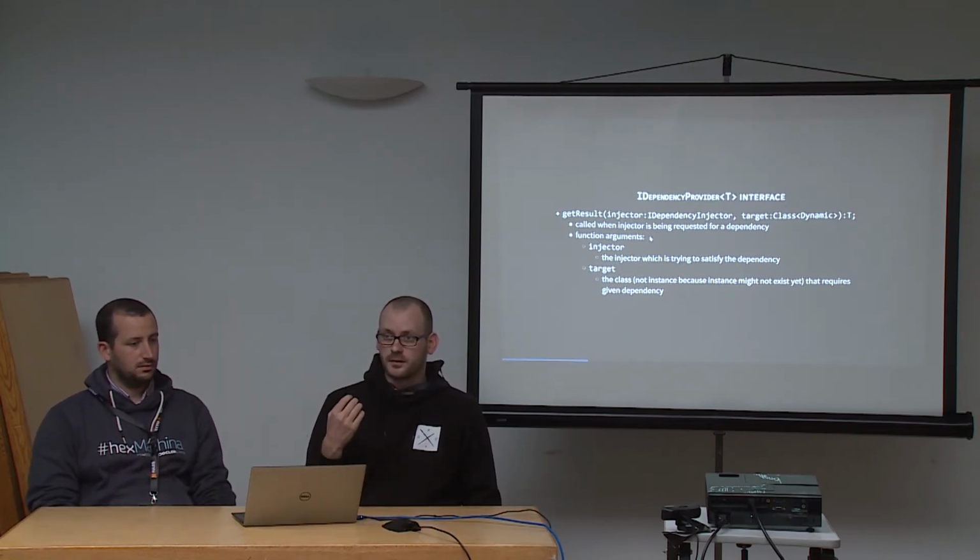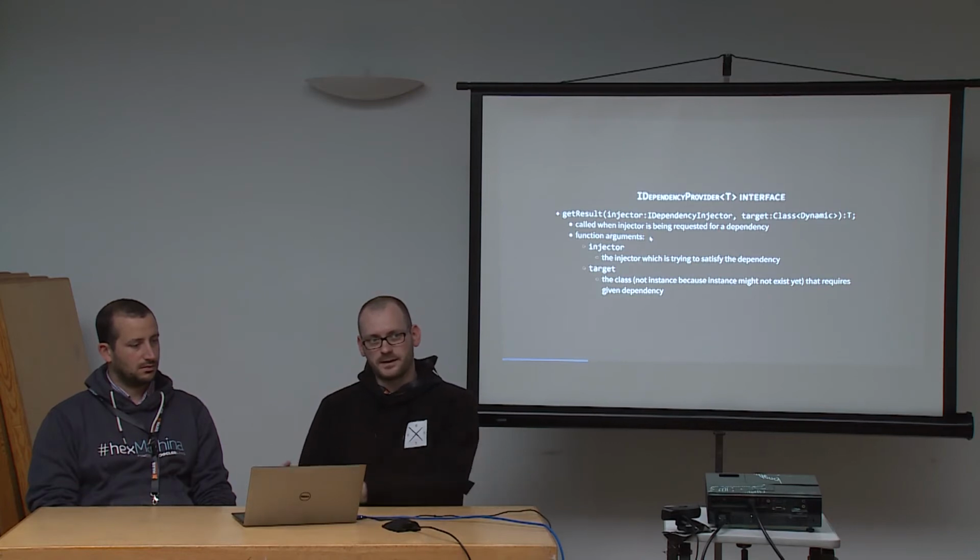Because it might have dependency in a constructor, so it doesn't exist yet when you are creating your objects. So you get only the type that requires it, and you can use all that information.